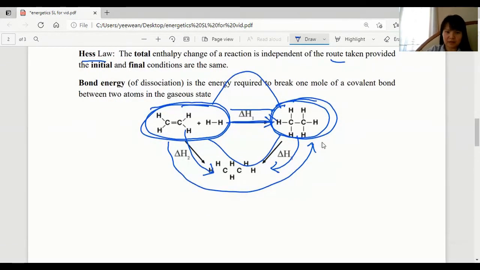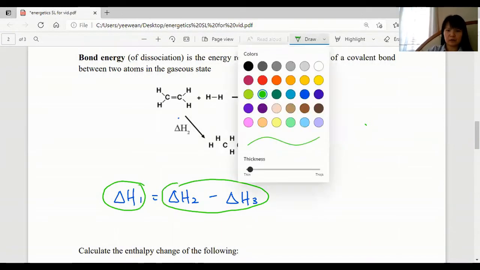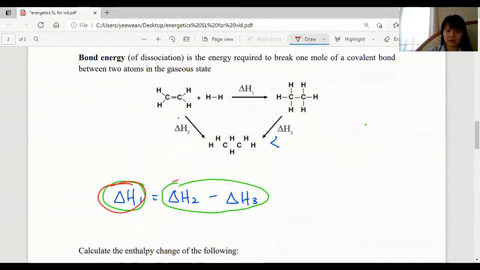So what it means is that ΔH1 is equal to taking ΔH2 and the reverse of ΔH3. So that's what Hess's Law means. The rule is that this and this must have the same initial point, and also this and this must have the same final point.